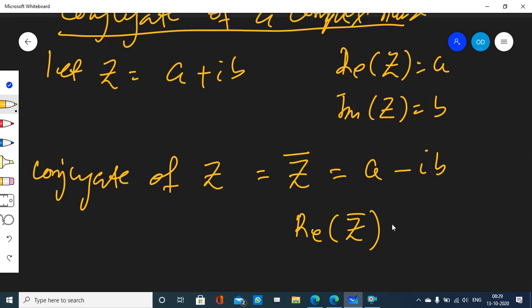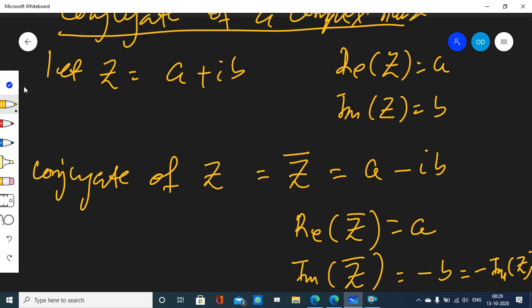The real part of z conjugate is the same as the real part of z. The only difference is in the imaginary part.